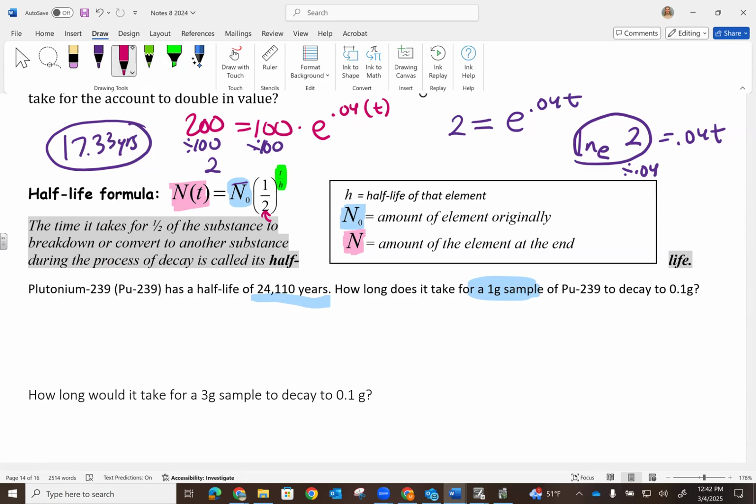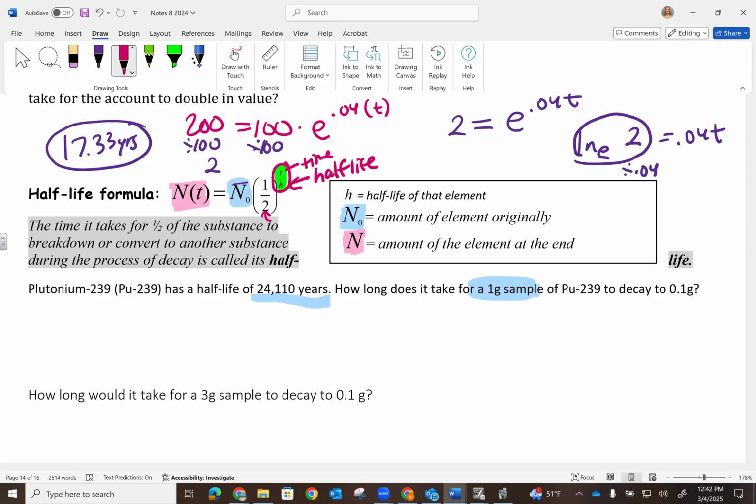But do you see it's a fraction? It's because ain't nobody has time to wait for 24,000 years. So T on the numerator is how much you actually waited, and the bottom is the half-life.